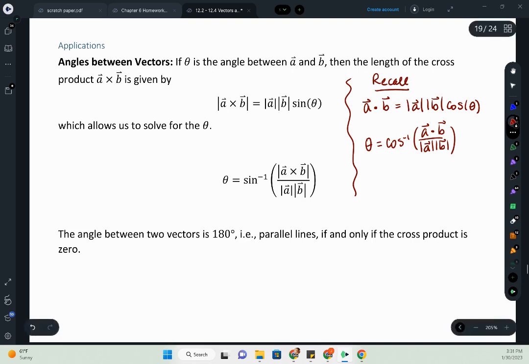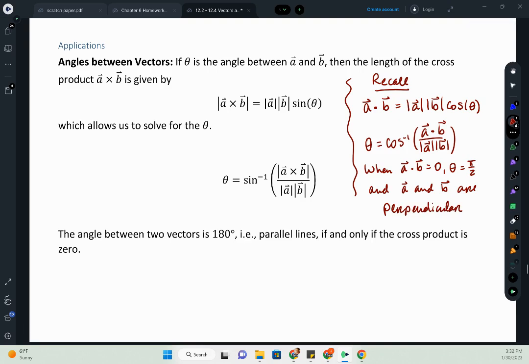And recall, when A dot B equals 0, we found out that theta was equal to pi halves, and A and B are perpendicular because the angle between them is pi halves.